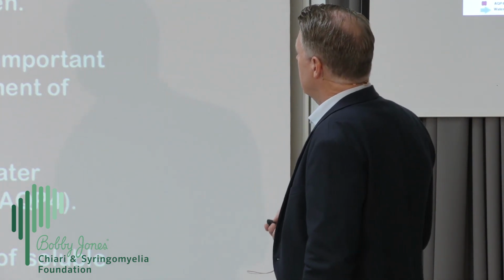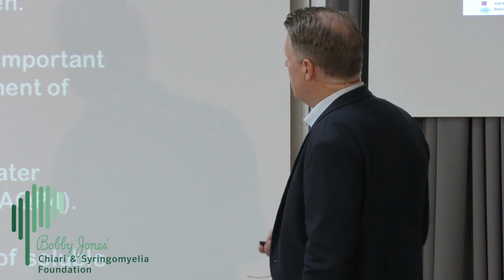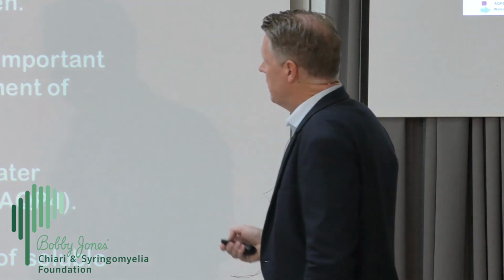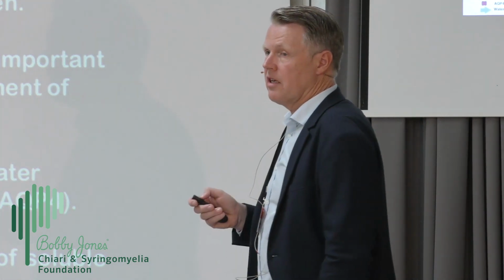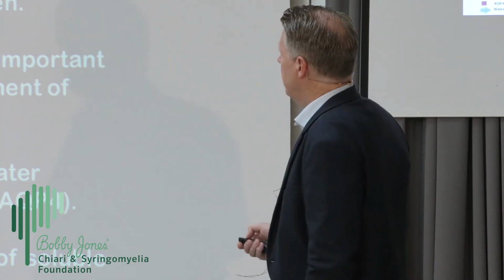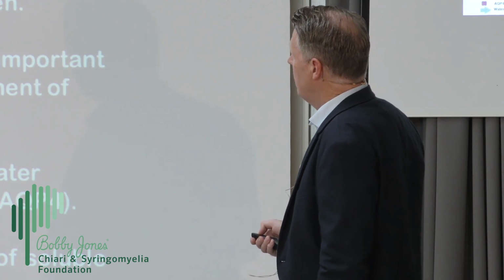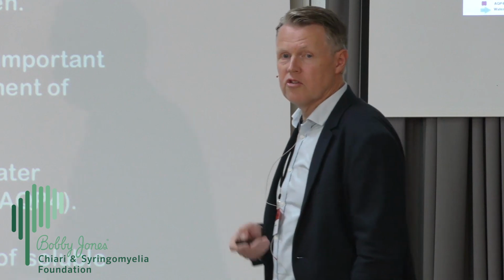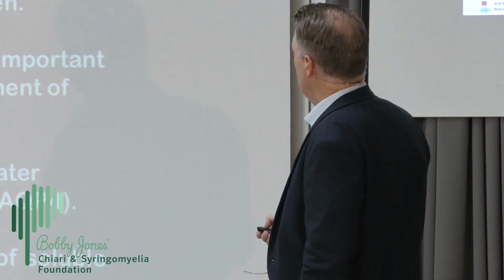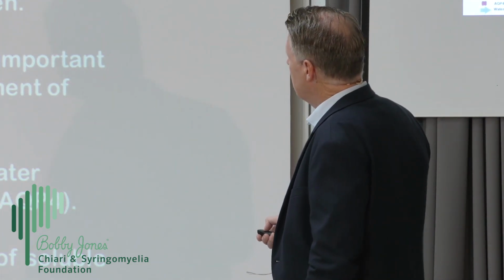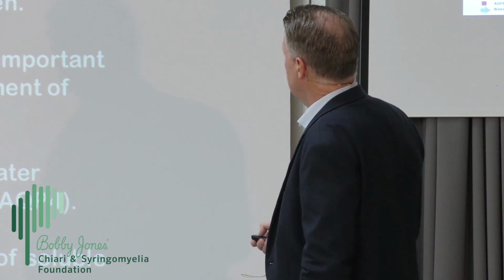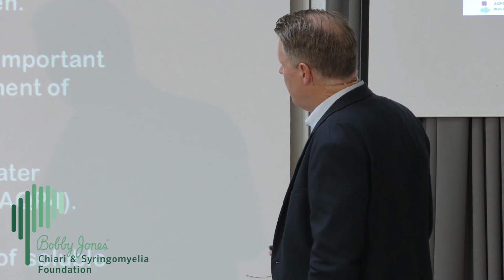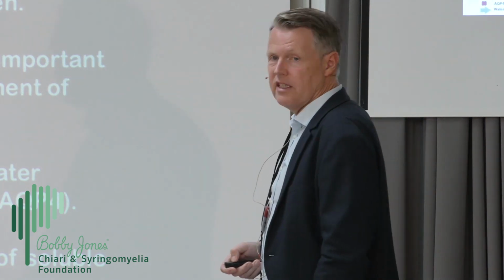And basically this is a description based on rodent studies, basically mice, that there is free communication of CSF from the subarachnoid spaces via the perivascular spaces and also CSF into the interstitium.